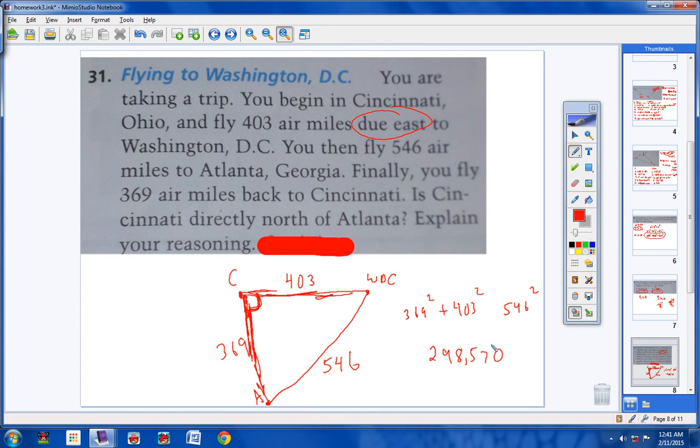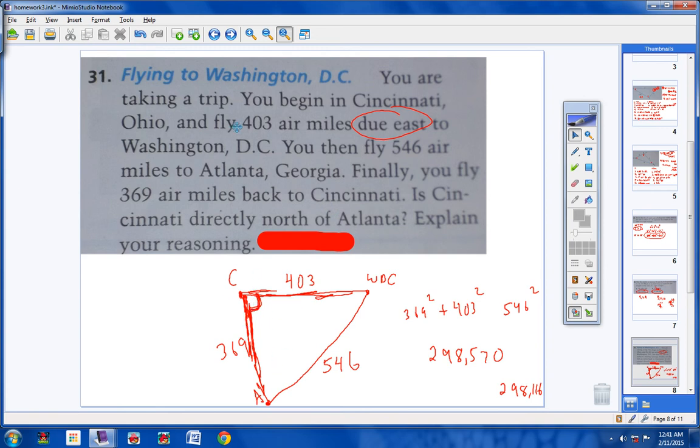Okay, and then square 546, and it's going to be close. It's going to be close, but it's not going to be equal. 298,116. Okay, so no. The answer is no. What was it? C below, but the answer is no. It is not directly due south because I do not have a right angle here.